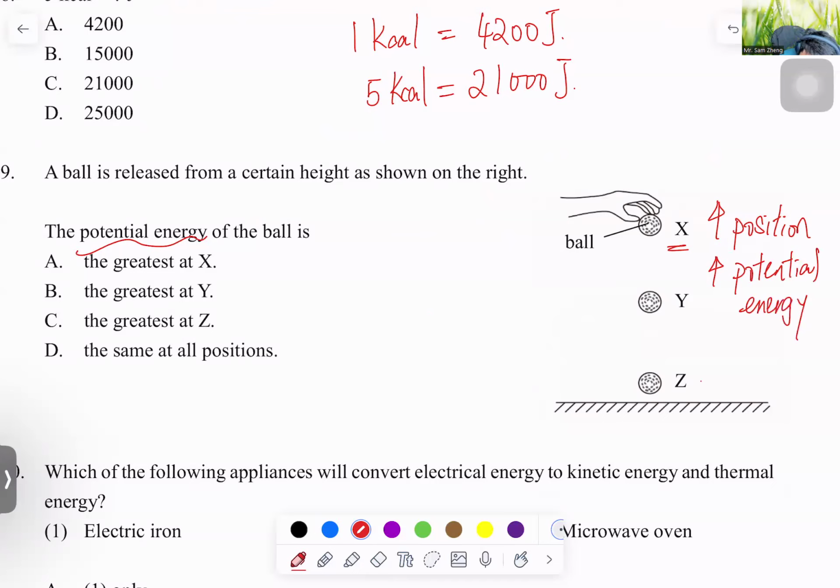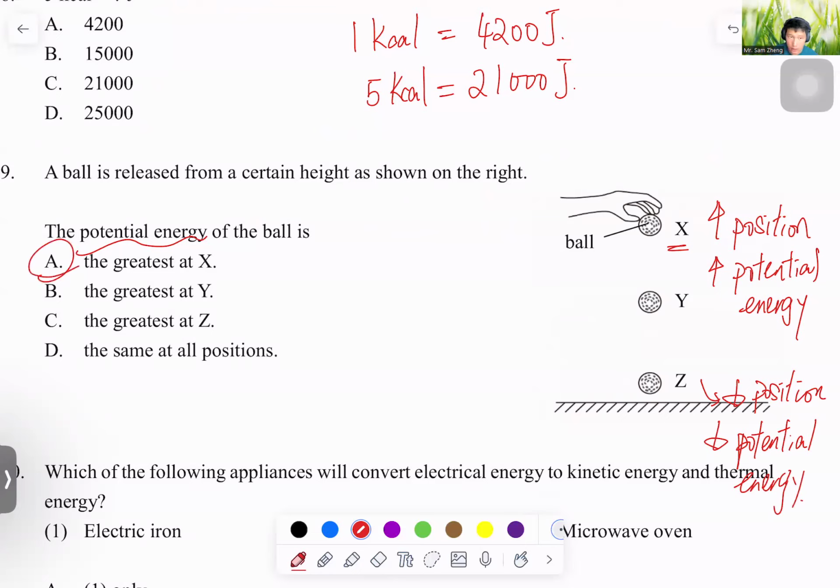For Z, it has the lowest position, so it has the lowest potential energy. Based on these parameters, the answer should be A.